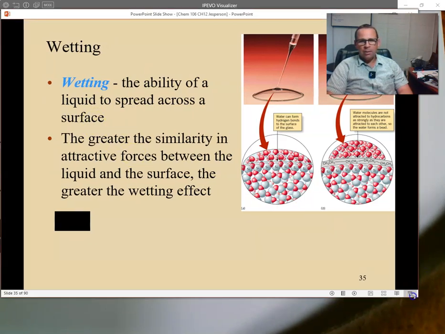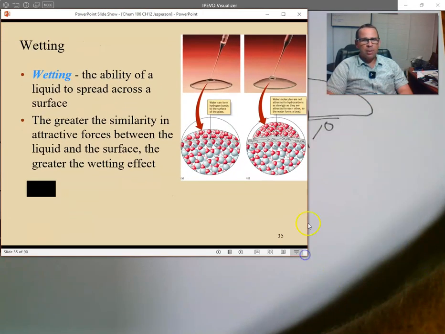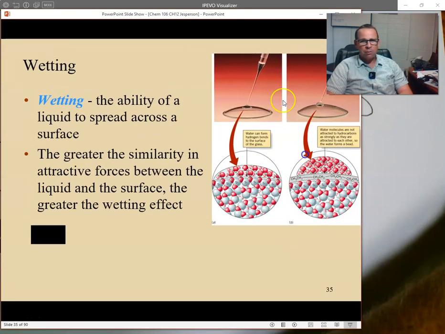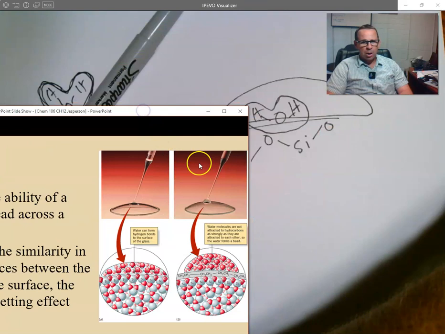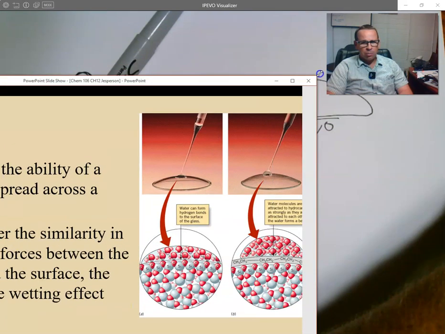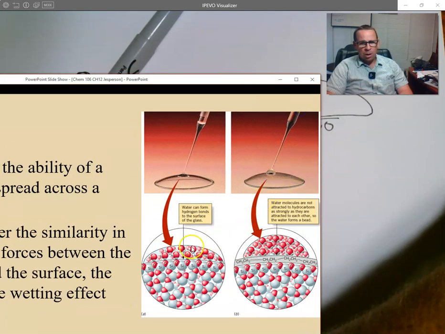Okay. Wetting. We won't go over wetting, but it's basically the same thing. And here you can see a good picture of drops of water on a surface of glass, drawn for us nicely. Water spreads out over that surface very well.